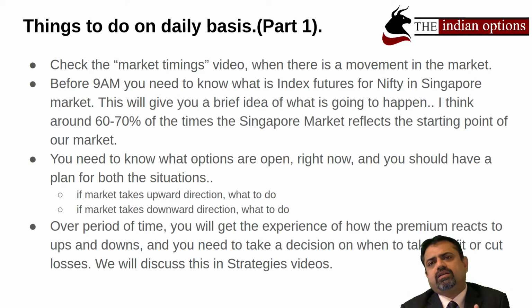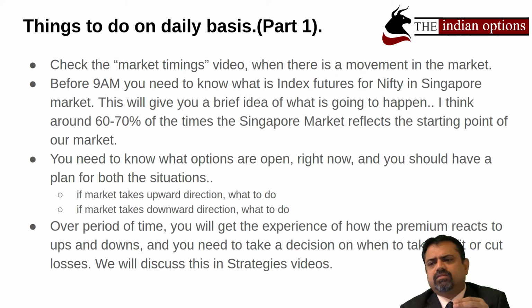You should have these scenarios in your mind so that you are prepared. When an event happens, there is so much pressure that you can't take a sane decision. Decisions taken in haste always go wrong and end up in loss. So the only thing you need to concentrate on is being prepared.